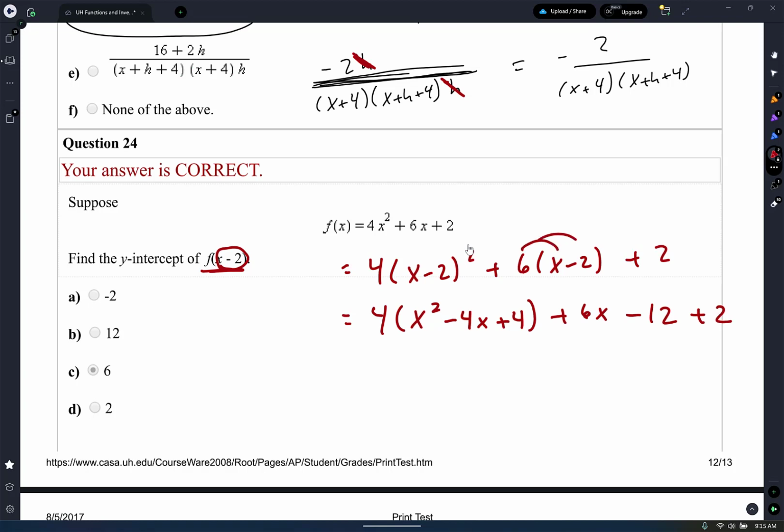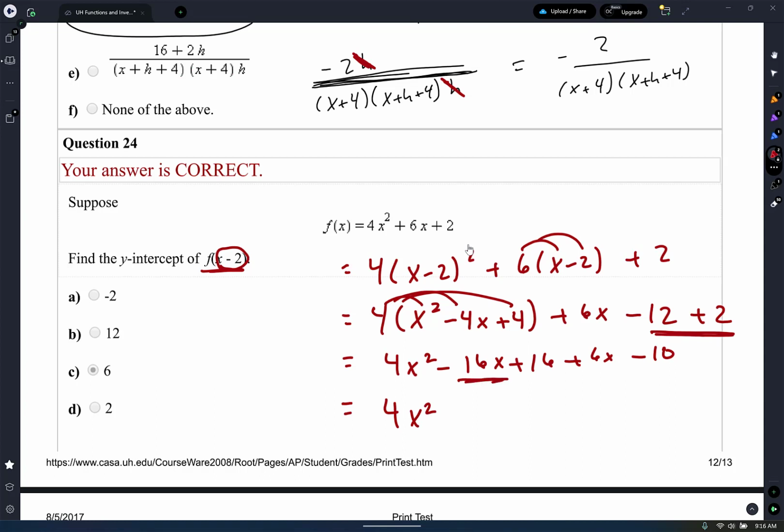All I did was distribute. I'm about to distribute this 4. So let's see. 4x squared minus 16x plus 16 plus 6x minus 10, from combining these two. All right, finally. 4x squared, and then I have a negative 16x plus 6x, so that's going to be a minus 10x, and then 16 minus 10, that's going to be a plus 6.